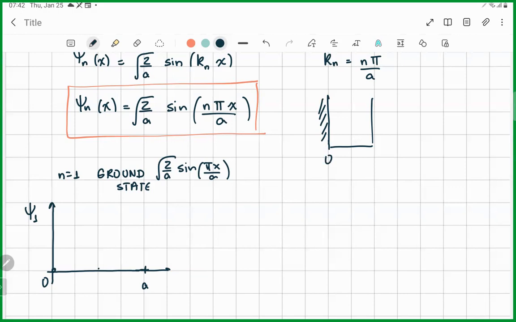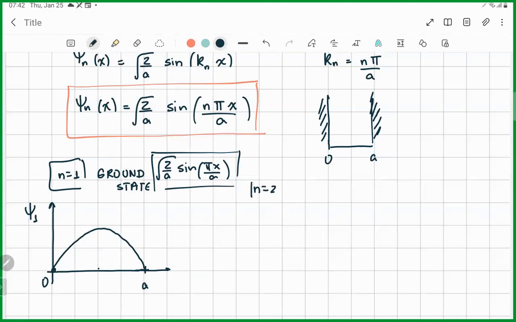So the wave function there starts at 0, sine of x at 0 is 0. Then we go up until we reach A. A is the other wall, the infinite barrier there. We go back to 0. So this is the drawing of this sinusoidal function. Very good. Ground state.